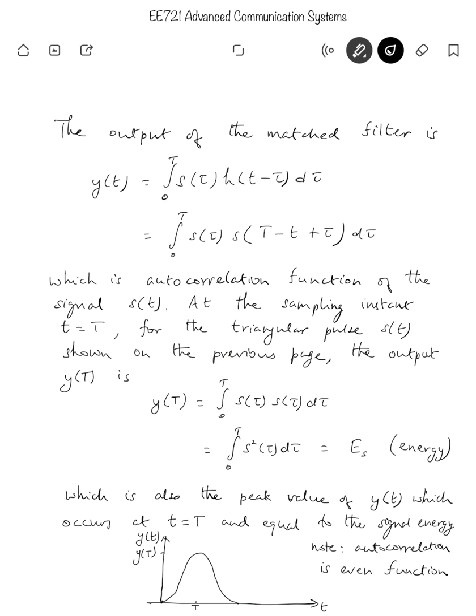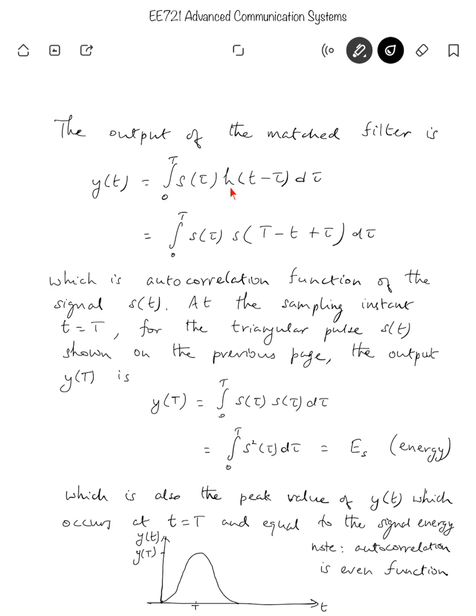Now given the impulse response h of t of a matched filter, what is the output of the filter? The output is given as the convolution between the input and its impulse response. If the input signal is s of t and the impulse response is h of t, the output is the integral of s of tau h of t minus tau d tau.